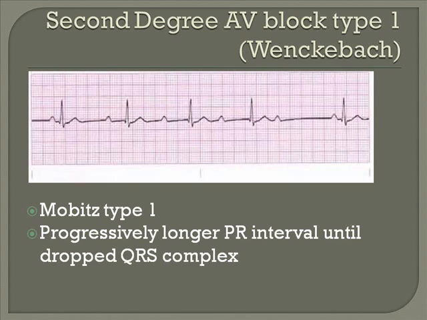This is the pattern of Wenckebach, a progressively longer PR interval with each beat until you drop a QRS. This person may be symptomatic with this. This is another sign of a heart attack, and usual treatment for this is implantation of a pacemaker of some sort.